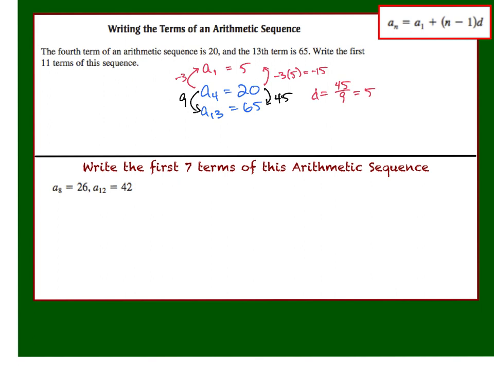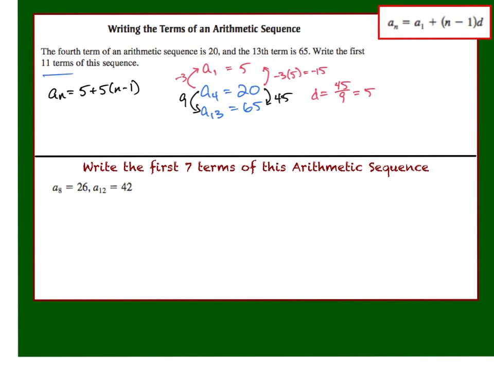All right, so now I can build my a sub n, or we could kind of get going from there. So I'm going to build my a sub n just because. So my a sub n would be what? My a sub 1, which is 5, plus my common difference of 5 times n minus 1. Well, it's asking me to find my first 11 terms.